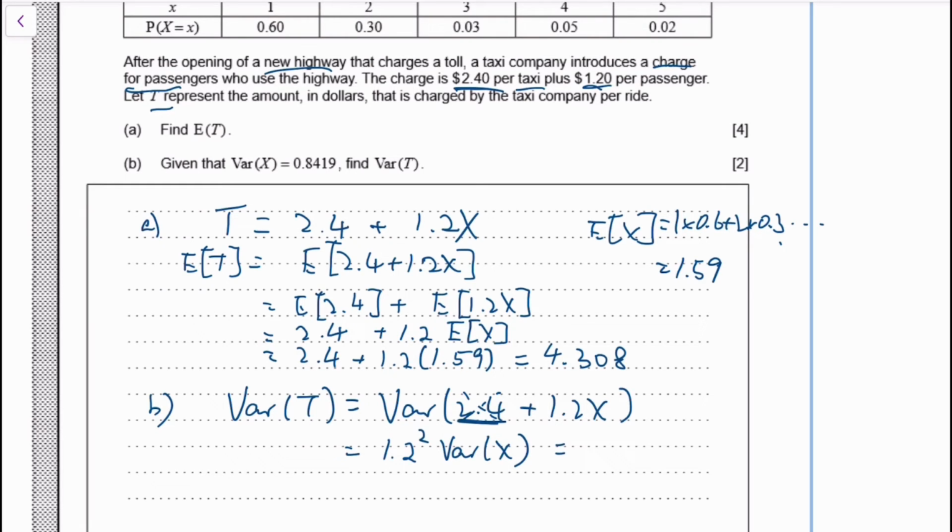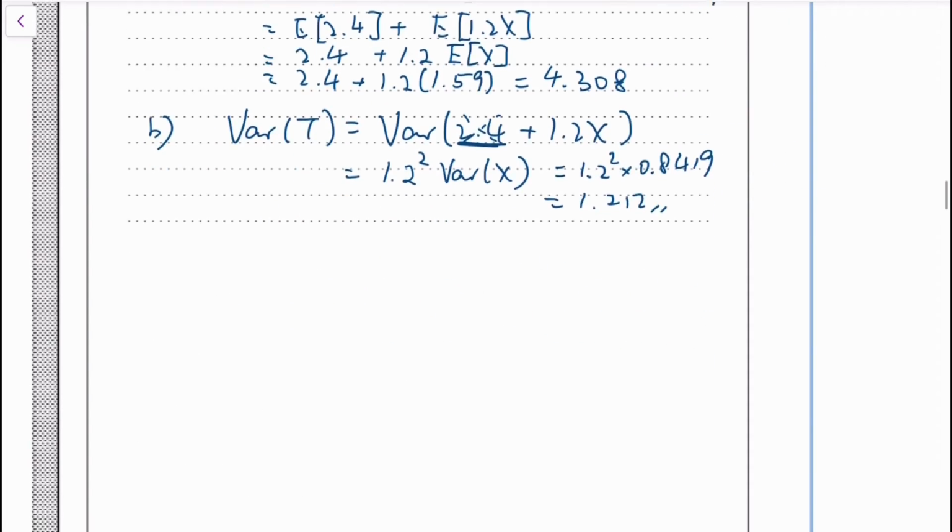Basically because variance is the square of standard deviation. Had it been standard deviation, you would just times 1.2. So the answer will be 1.2 squared times 0.8419 squared. So it's 1.212. Okay, nice and easy. If you know the stuff, this question is easy.